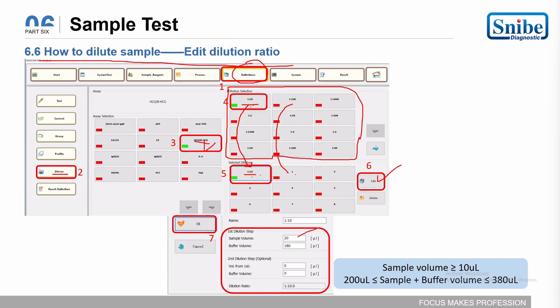Just enter the sample volume and the diluent volume and the name of the dilution ratio, and then click OK. You need to pay attention that the minimum volume for the sample should be at least 10 microliters. And the total volume, sample plus diluent, should be between 200 microliters and 380 microliters.